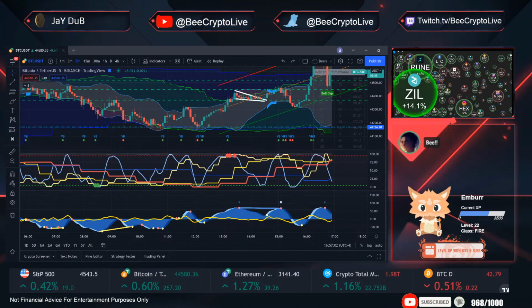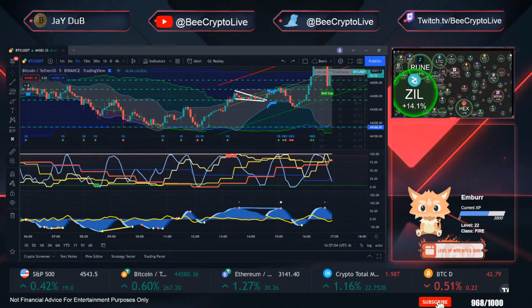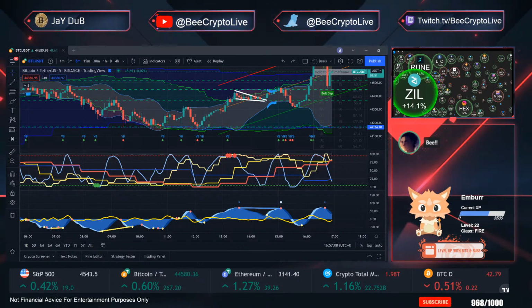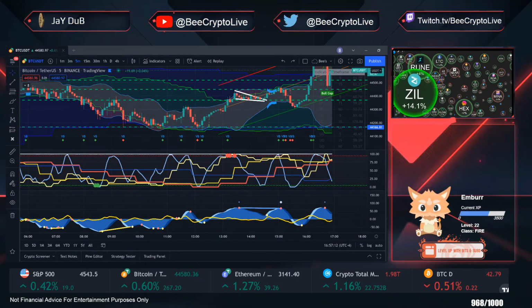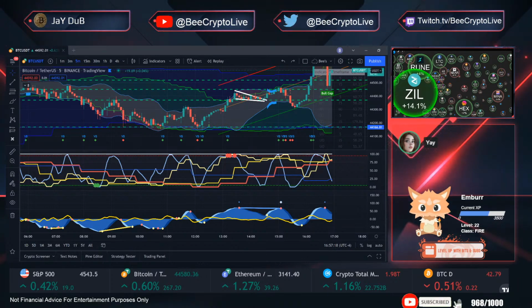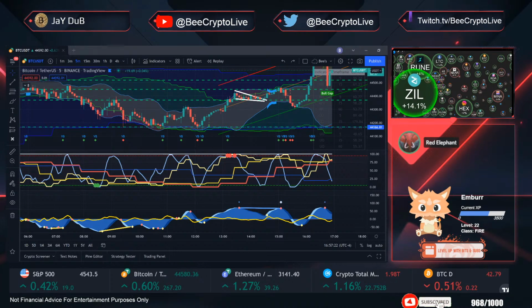So technically, you could use it on Ethereum, but you'd have to go into the settings and input the ticker for Ethereum CME instead. So it's bound by market open and close. That's why it gaps. Okay.